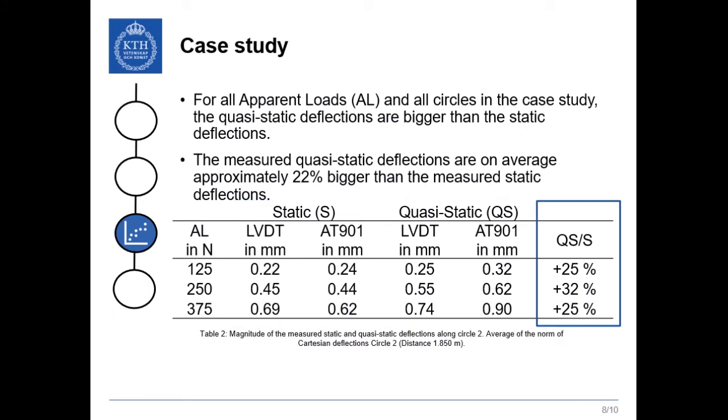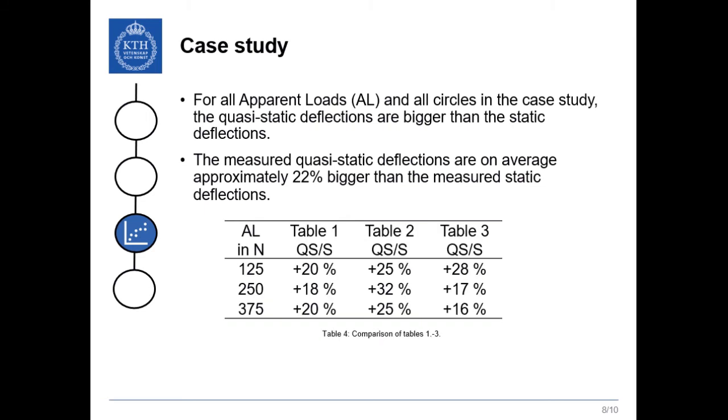Here we find the same data for the second circle, and here we find the same data for the third circle. The measured quasi-static deflections are on average approximately 22% bigger than the measured static deflections. The quasi-static deflections are at most 32% bigger than the static deflections.